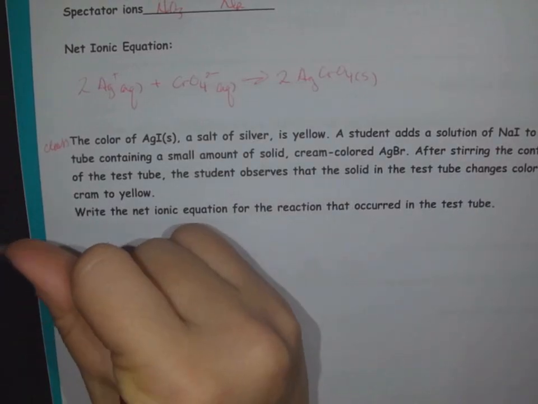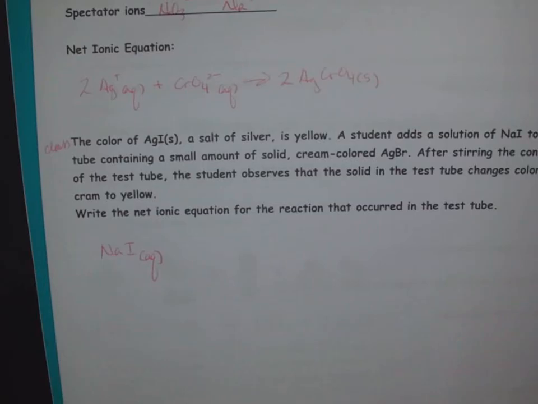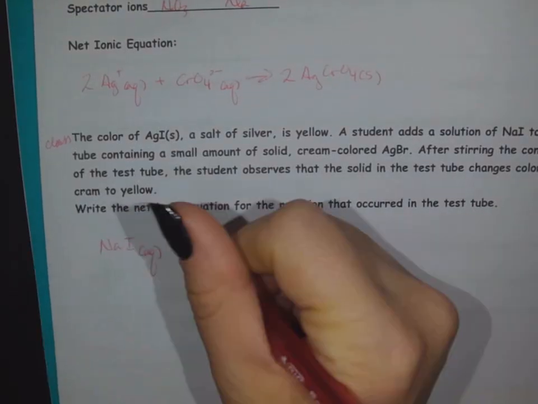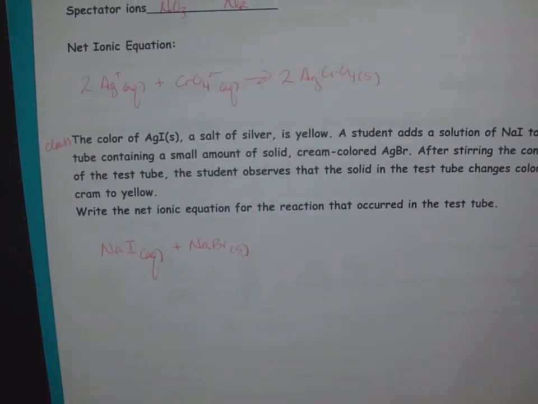So we have this sodium iodide, and it's a solution, so it's aqueous, dissolved in water, to a test tube containing a small amount of solid silver bromide. After stirring the contents of the test tube, the student observes that the solid in the test tube changed color.